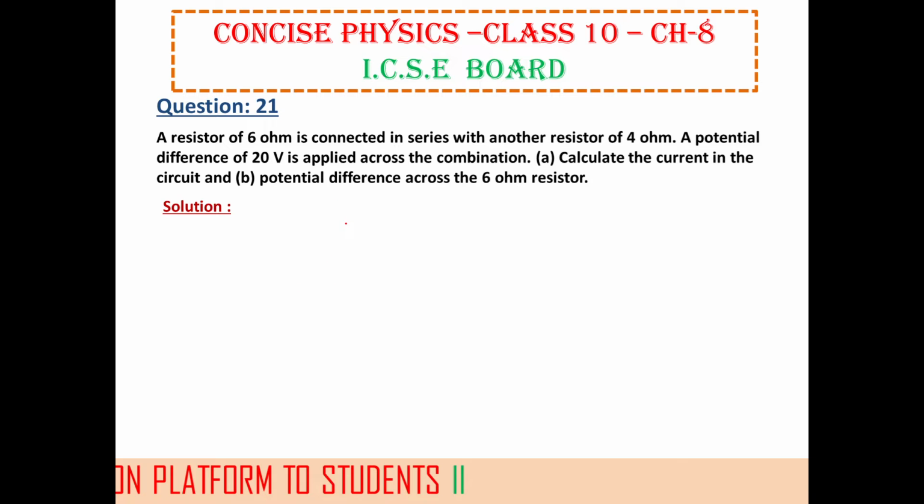So what is said, a resistance 6 ohm is connected in series with another resistor of 4 ohm. Then a potential difference of 20 volt is applied across the combination.